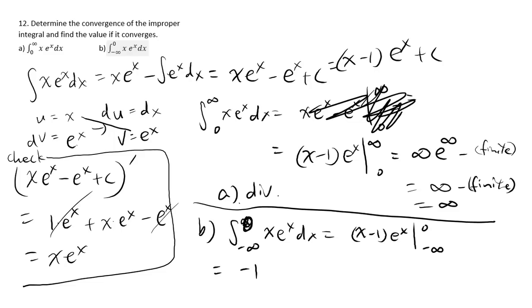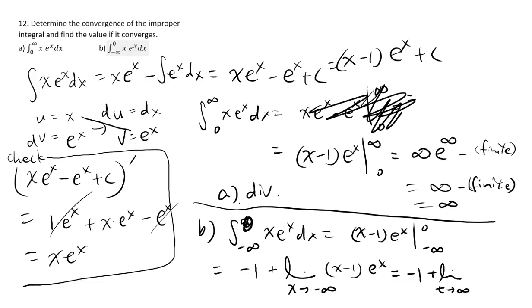When you plug in negative infinity, that's like sending limit x to negative infinity of x minus 1 times e to the x. Since sending x to negative infinity is a little confusing, let's try a change of variables. So negative 1 plus limit t going to infinity, where t is negative of x.